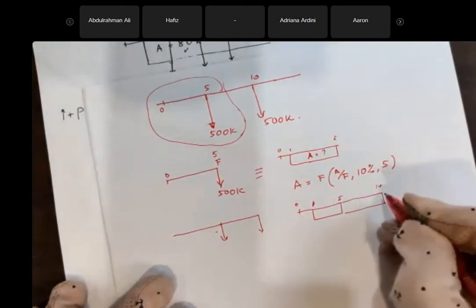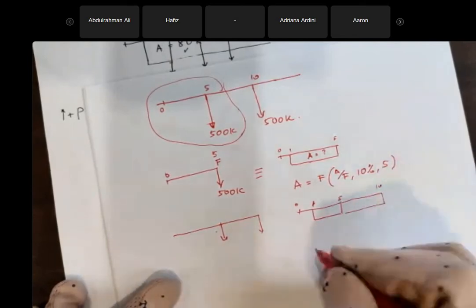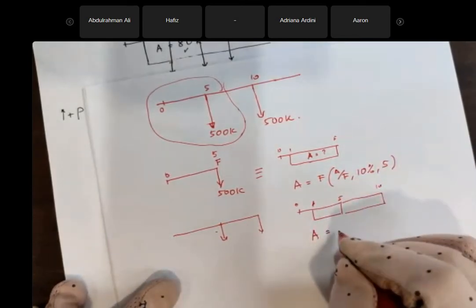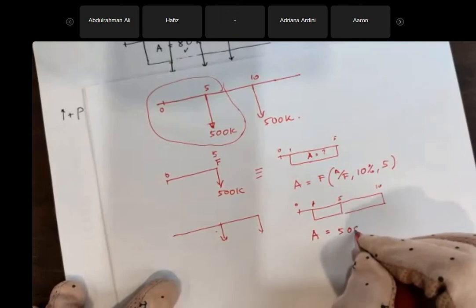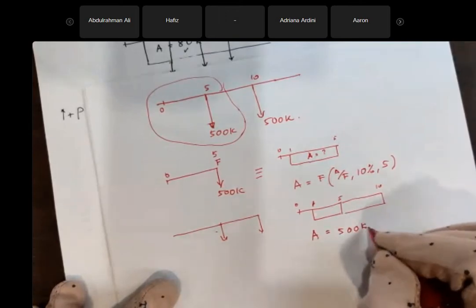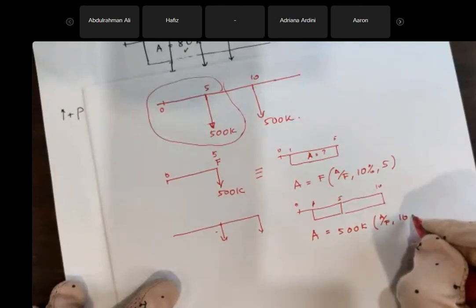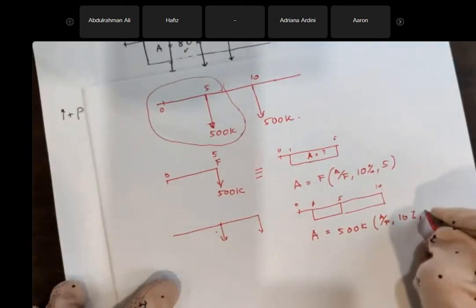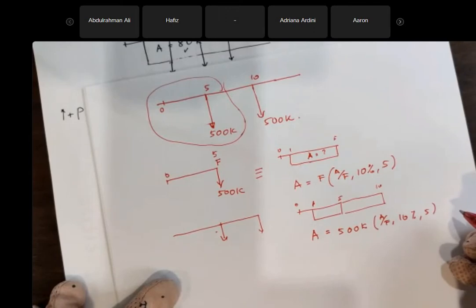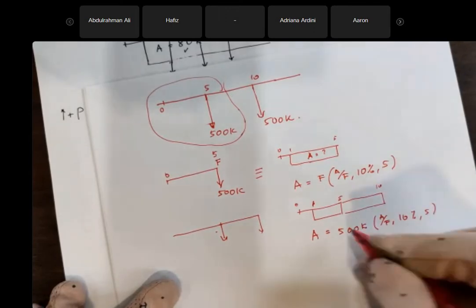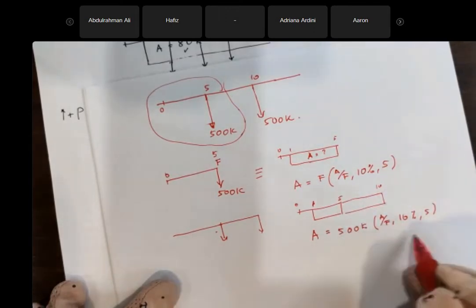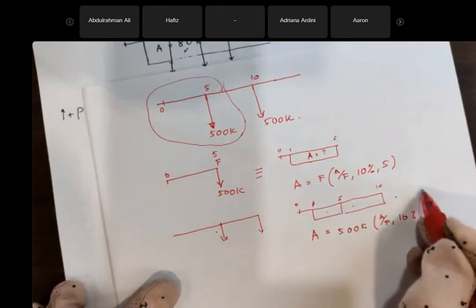Maknanya benda ni sentiasa berulang. So that means A equal to tadi 500,000 kan? A over F 10%, 5. Okay, and dia berulang. It is repetitive.